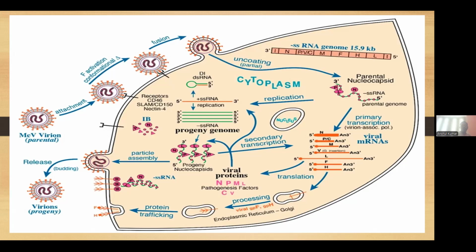Or in the second pathway, they may directly be converted into viral proteins. And after that, you can see that there are two pathways when they are translated into proteins. There is protein trafficking, meaning the same protein goes outside in the form of fusion and hemagglutinin protein, or the next pathway is the secondary viral proteins.